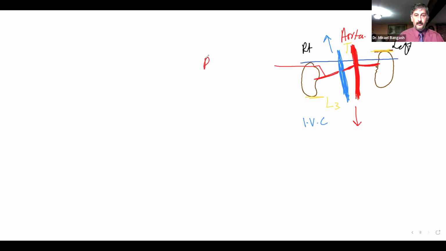These are referred to as the renal artery. That's the blood vessel that will carry blood to the kidneys.